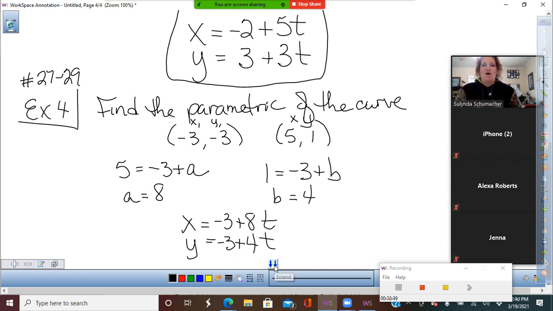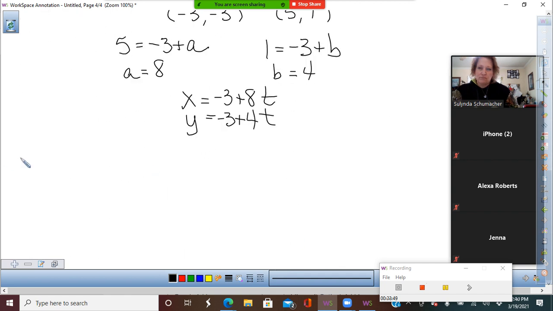All right, one more thing to talk about. Number 31. Example number 5. Number 31 is a little bit different because it's not a line. We know these are lines. It's a line connected between 2 points.